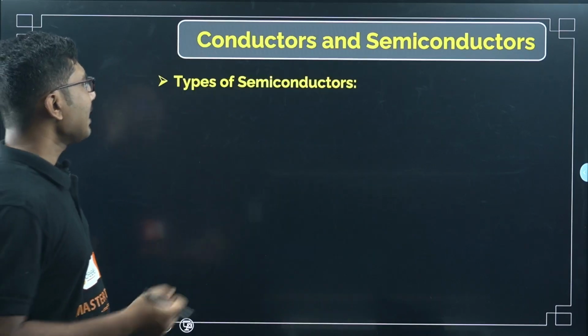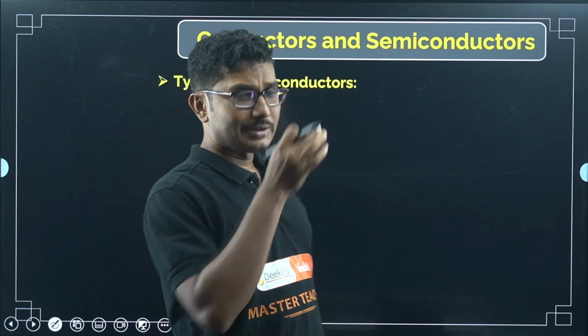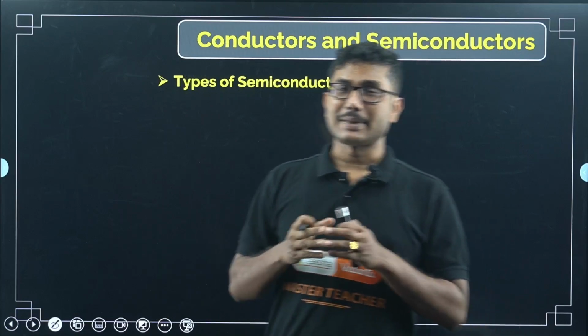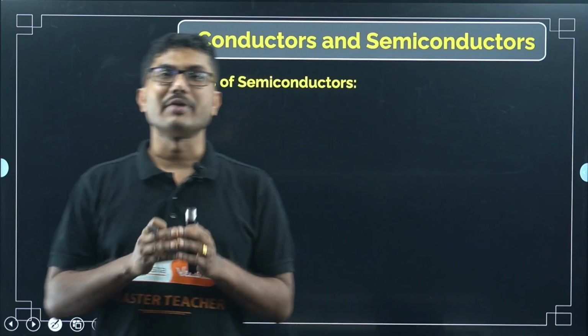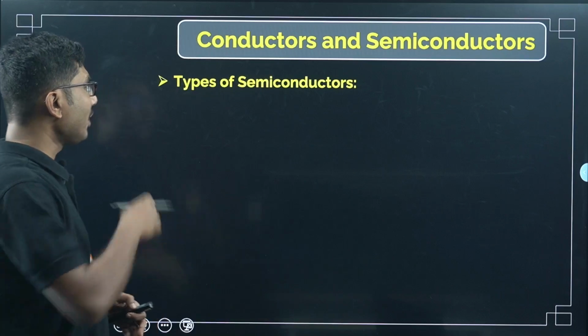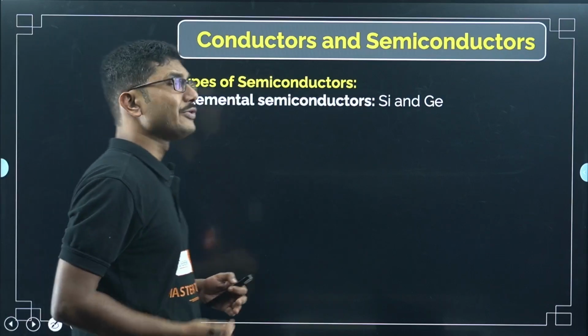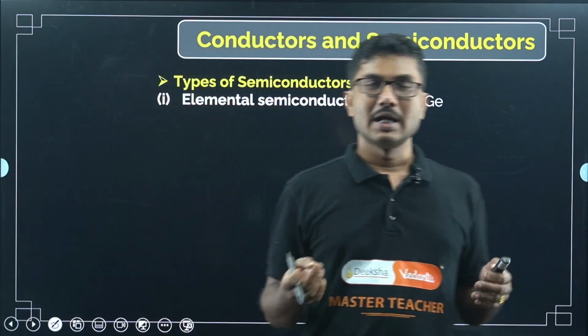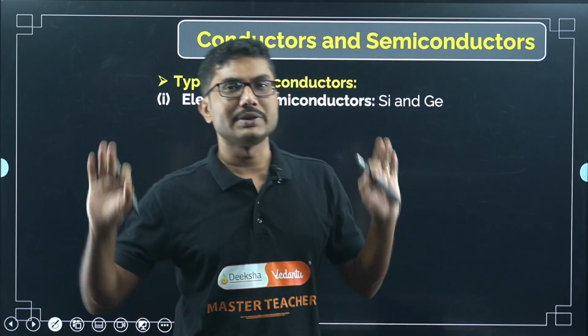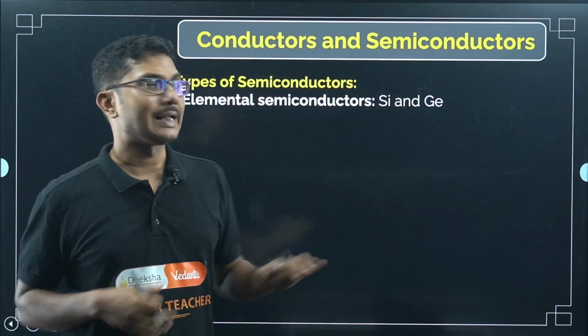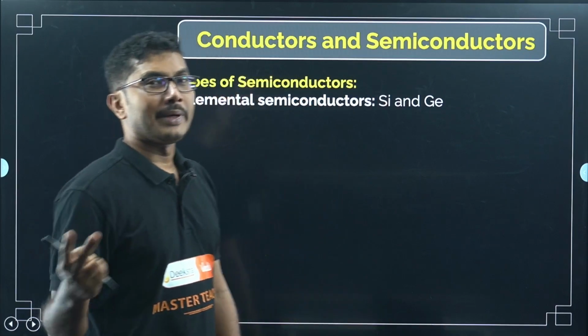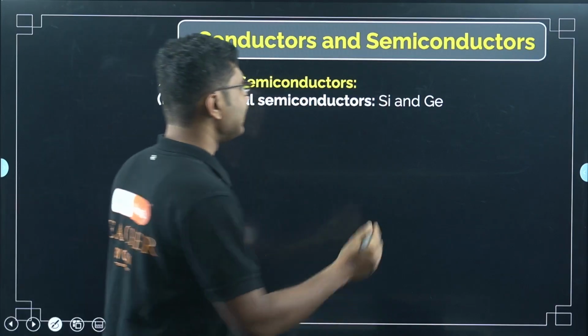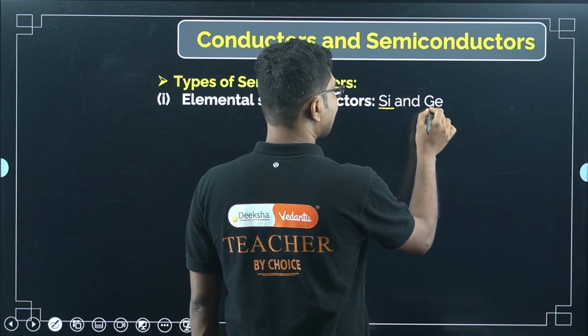Now there are a few types of semiconductors. Because we have started the chapter on semiconductors, we have to learn about different types. First of all, there are elemental semiconductors, which means simple elements without any compounds, like hydrogen, oxygen, nitrogen. There are two elemental semiconductors: one is silicon and another is germanium.